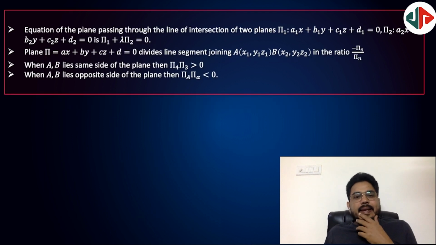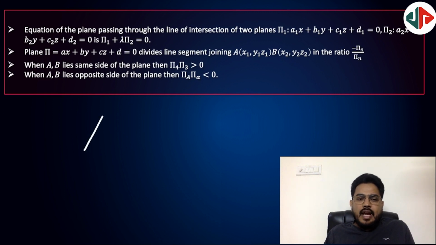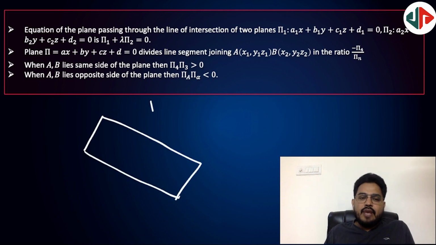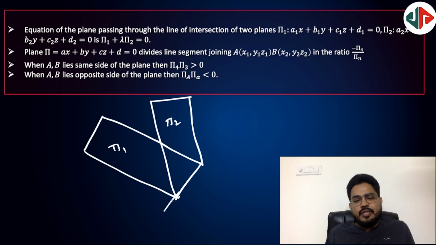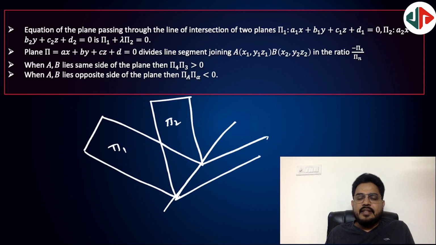Equation of the plane passing through the intersection of any two planes. Okay. So you have a plane like this and you have a plane like this. This is phi 1, this is phi 2. Any plane through this intersection can be written as phi 1 plus lambda phi 2.